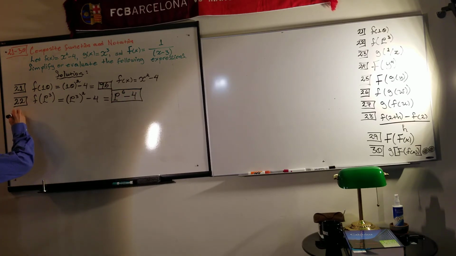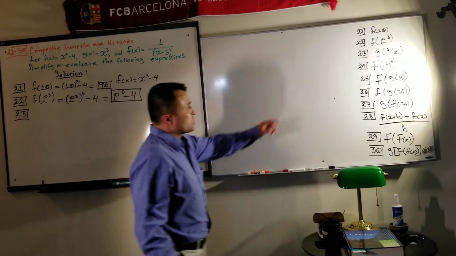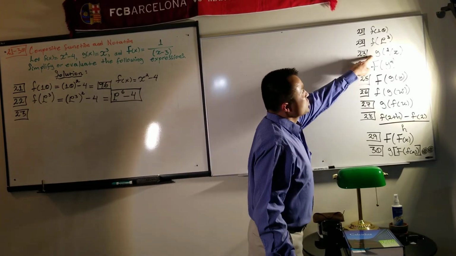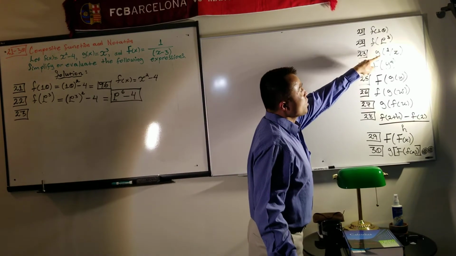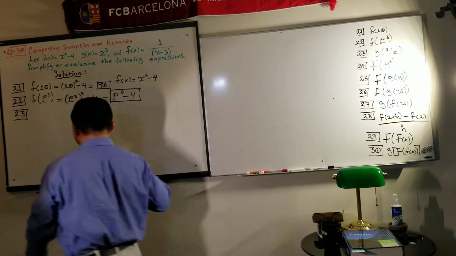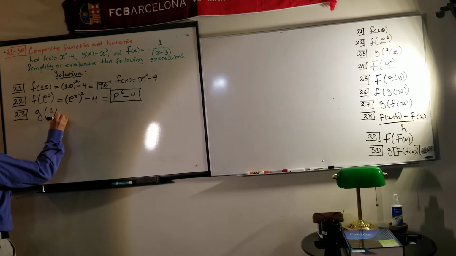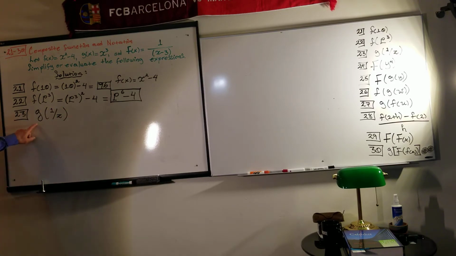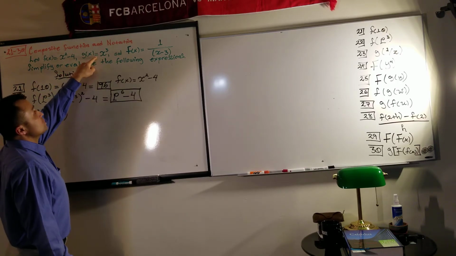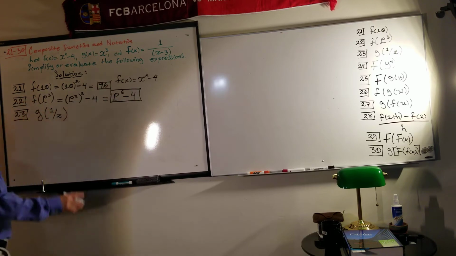Let's solve problem 23. 23 says g of 1 over z. Let's identify the function g of x. g of x is equal to x to the third power.